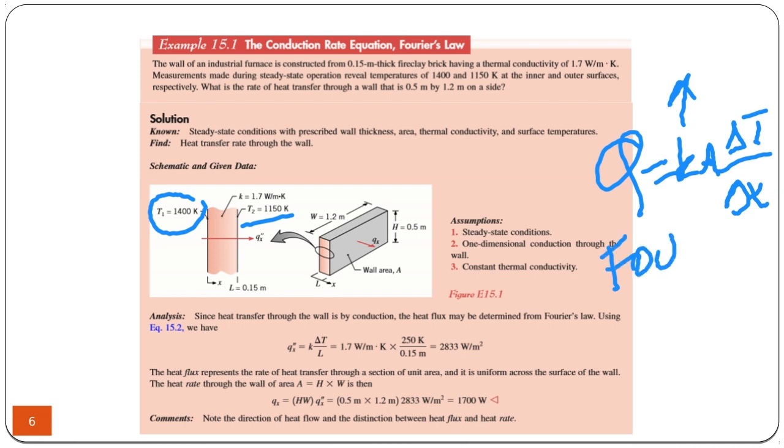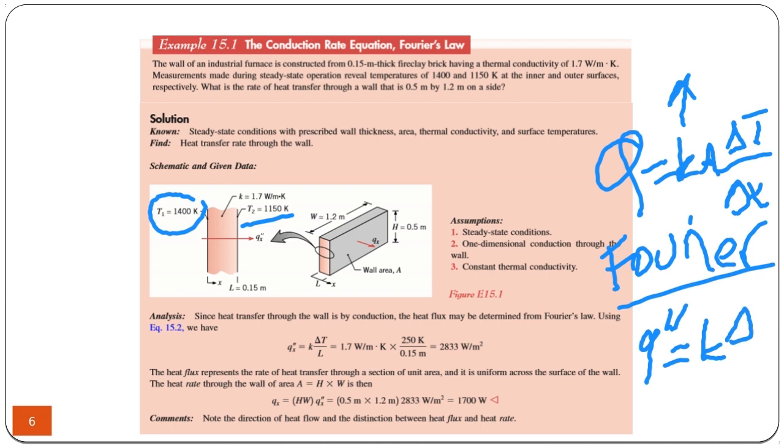k is given. First, we are going to calculate q double prime, which is the heat flux. It's the conduction heat transfer per unit area.